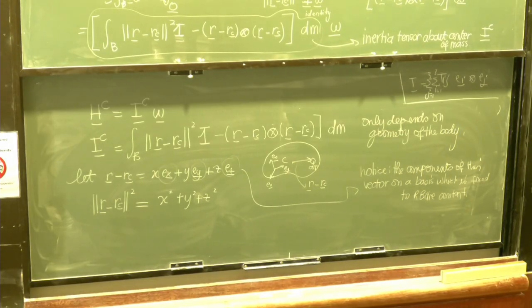Okay. How did we represent the identity tensor? Does anyone remember how we represented the identity tensor in terms of bond products?